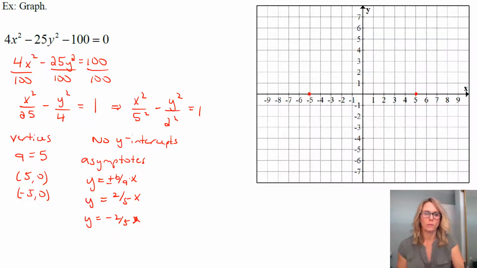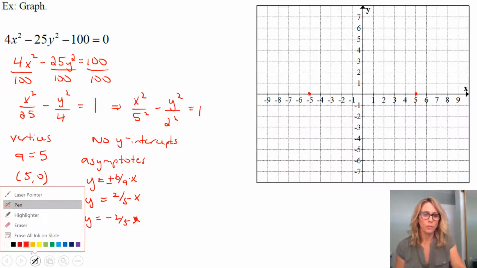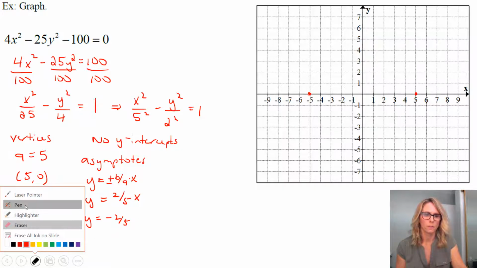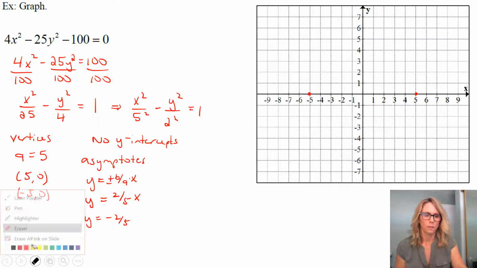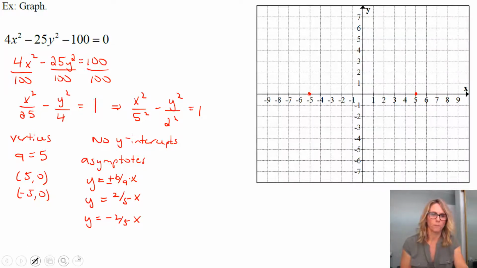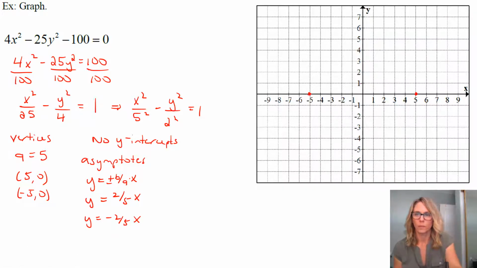And now we're going to graph those lines that have a slope of positive and negative 2/5. Then we'll be able to draw our hyperbola. Okay, so get those asymptotes going. I'm going to start at (0, 0), since they both have that intercept, up 2 over 5, and down 2 to the left 5.